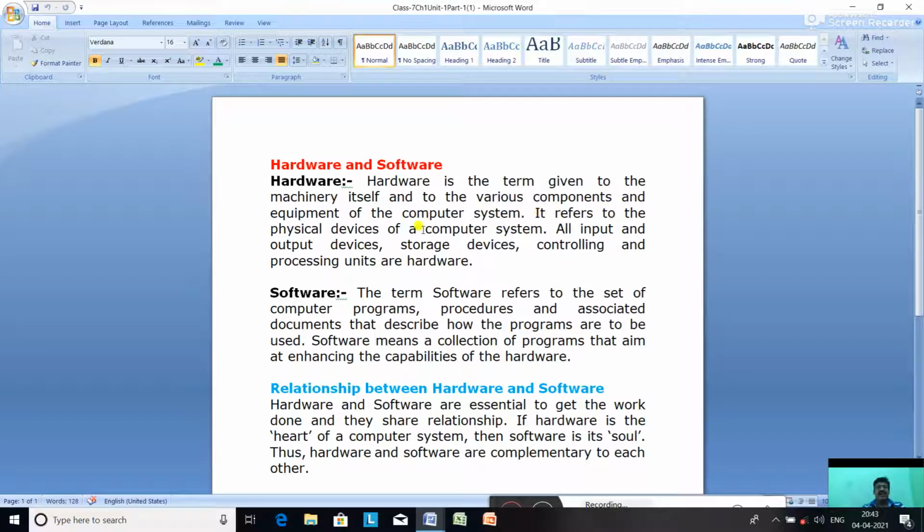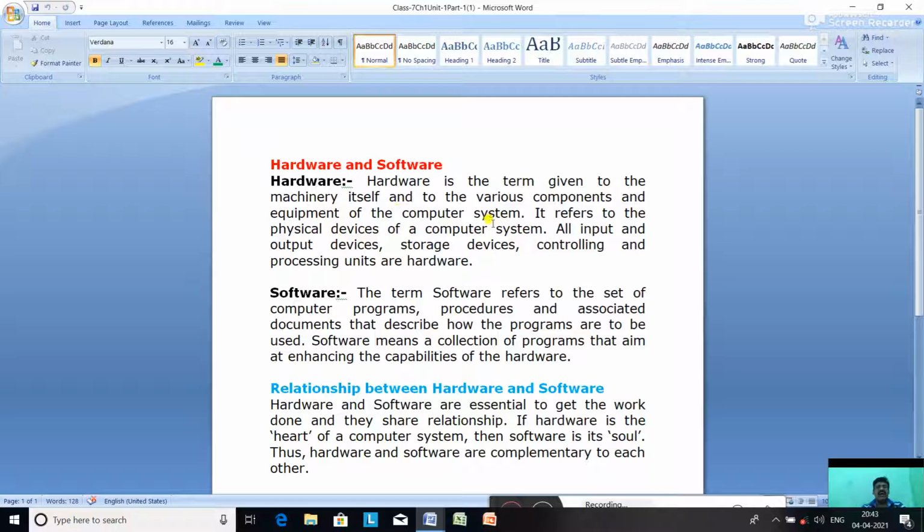It refers to the physical devices of a computer system, which we can touch. Like mouse we can touch, keyboard we can touch, monitor we can touch. All input and output devices are part of the hardware. Storage devices, controlling and processing units are hardware.